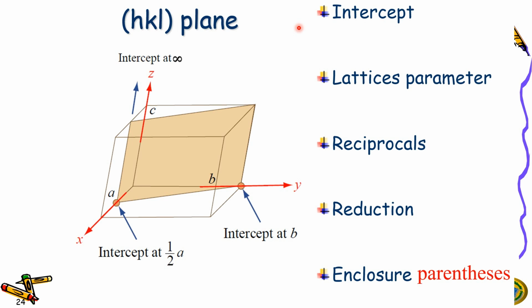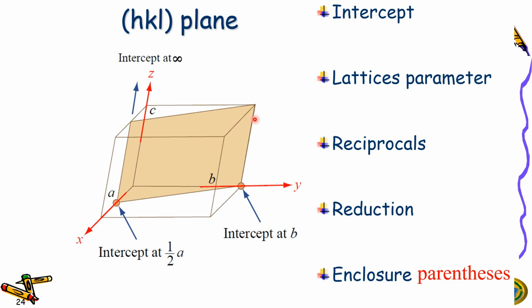Right, so let's start to practice. 5 steps, 1, 2, 3, 4, 5, and I give you a plane here. Can you tell me these 3 numbers enclosed by parentheses? First, does it pass the origin? No, it doesn't, so this is good. This plane has an intercept on the x-axis, where the length is A, so it's half of A. And on the y-axis, the intercept is at B, so it's 1B.